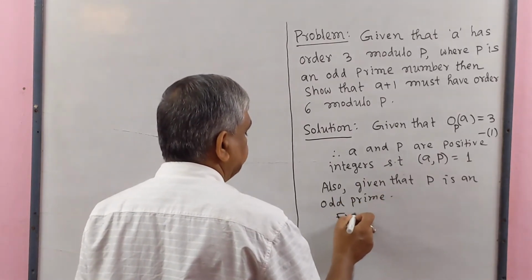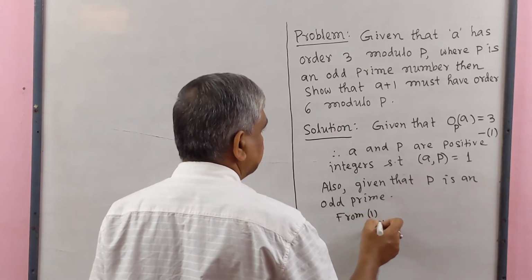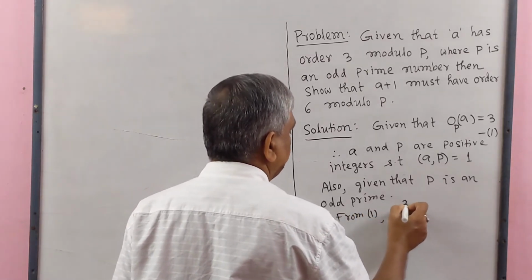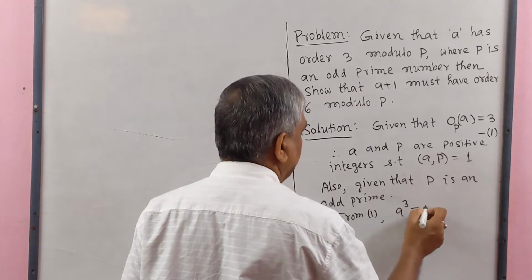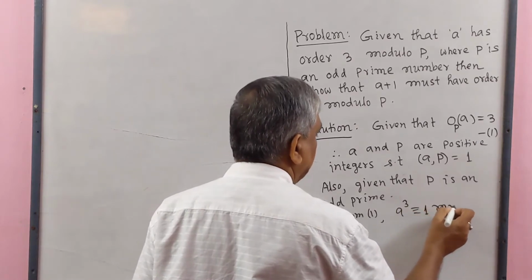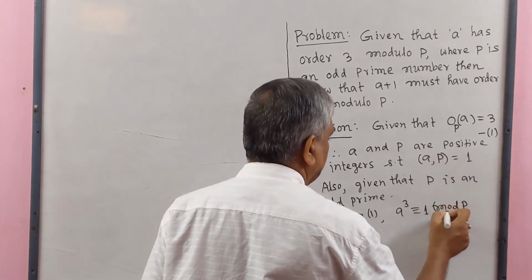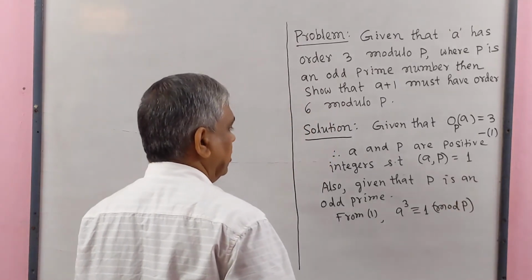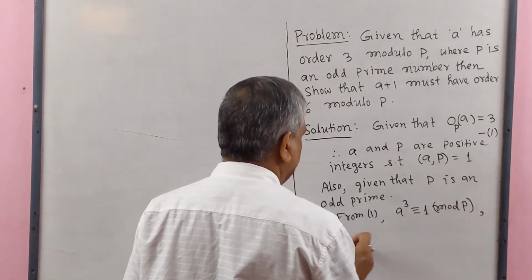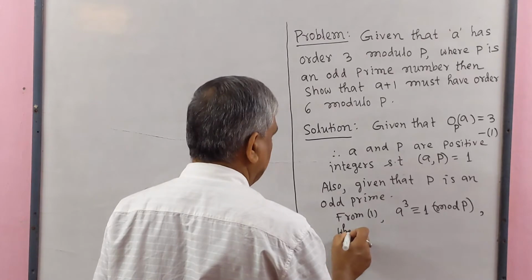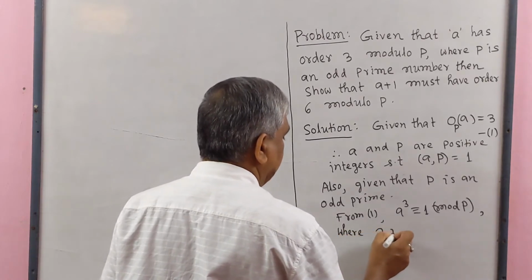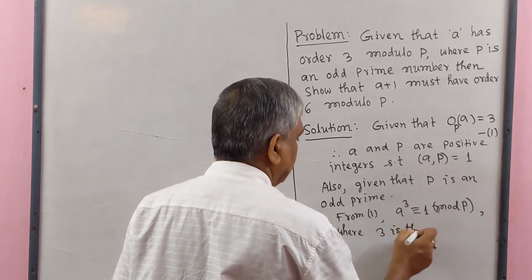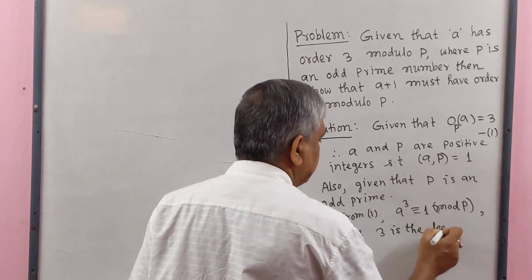from 1, a cube is congruent to 1 modulo p, where 3 is the least positive integer.